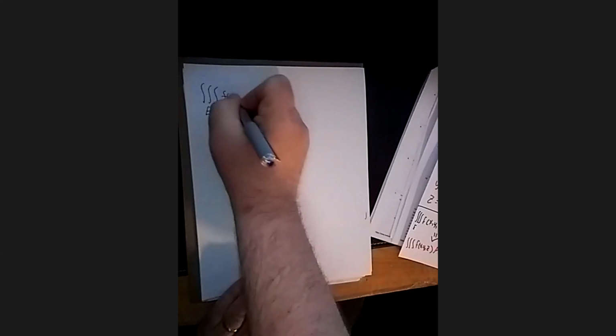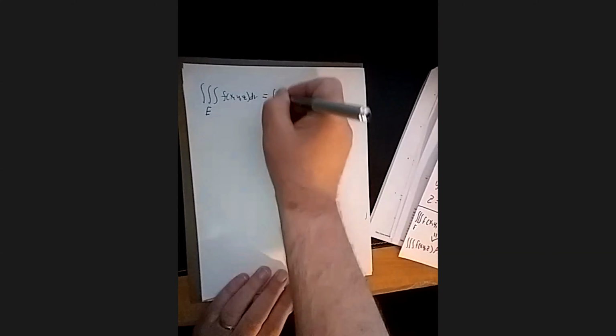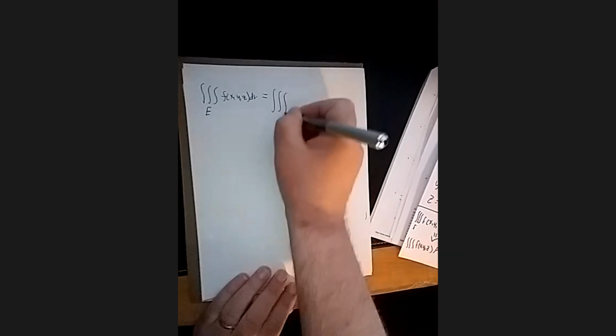Spherical only works on triple integrals, right? It's a three-dimensional thing. Suppose we have a function f of x, y, z, dV. dV is just short for dx, dy, dz. If you convert it into spherical, you get a triple integral.